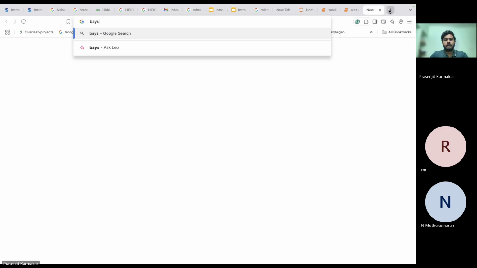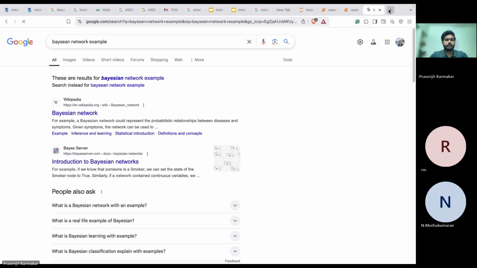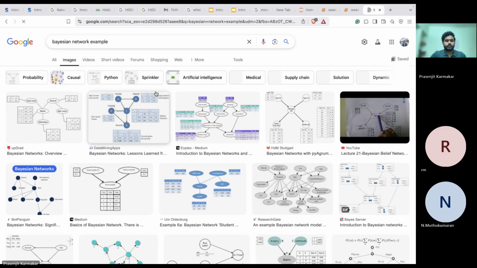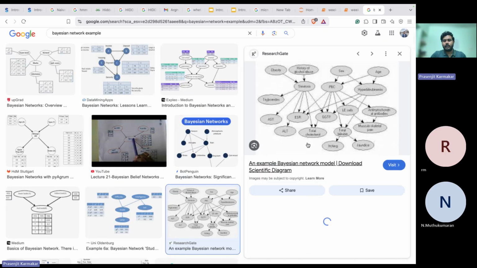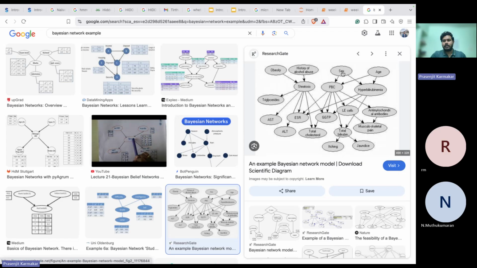Now see, this is how we can represent relationships between features. Okay.